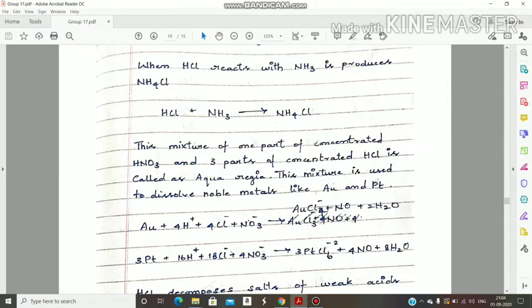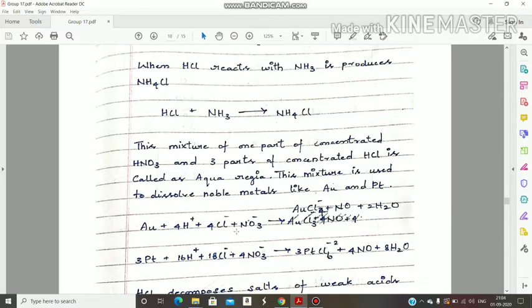This mixture is used to dissolve noble metals like gold and platinum. Actually, these are more stable metals, that means least reactive. That is why their cost is very high.